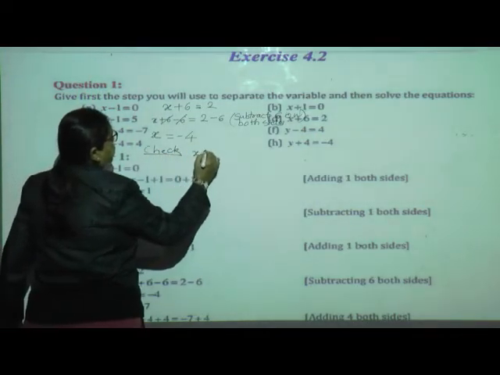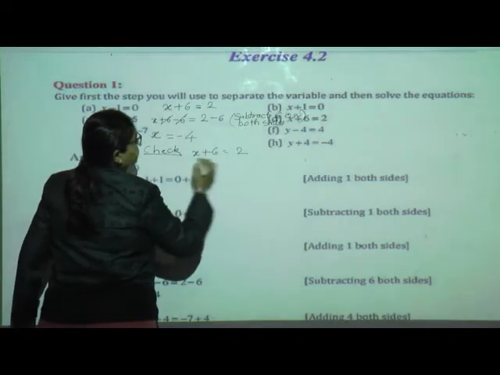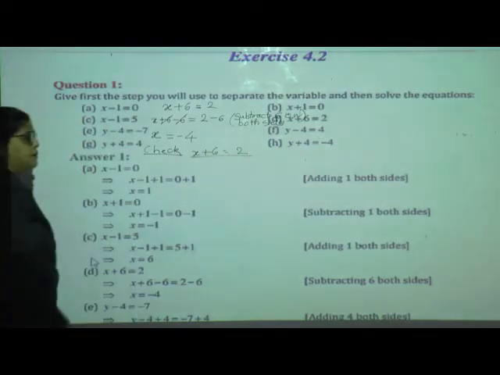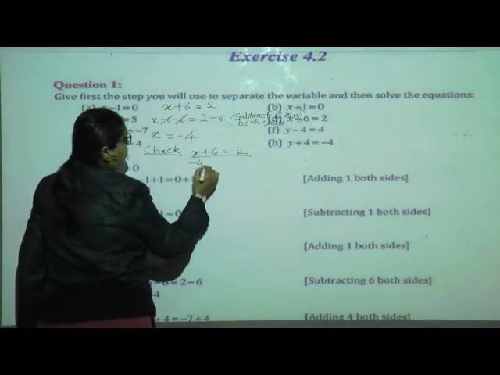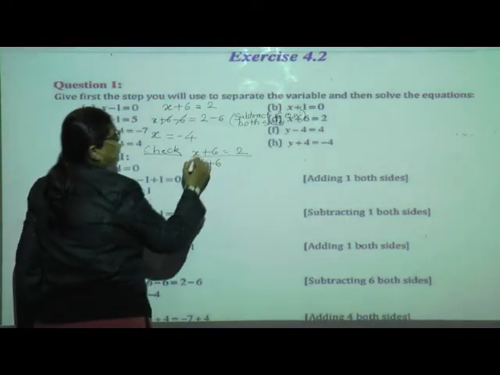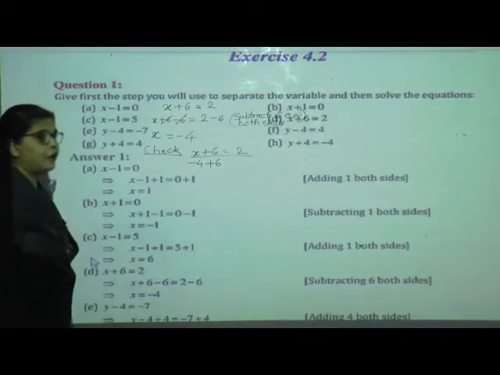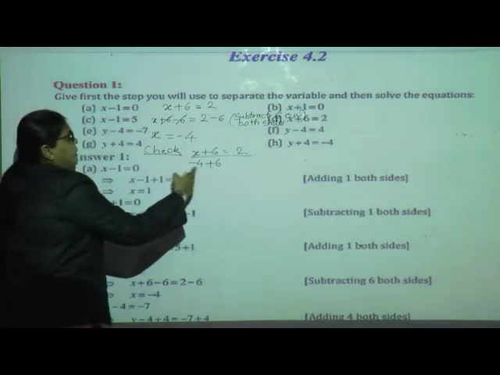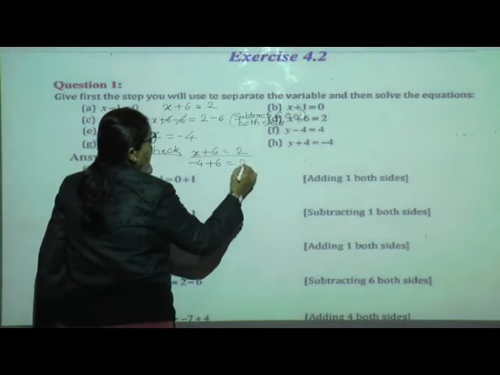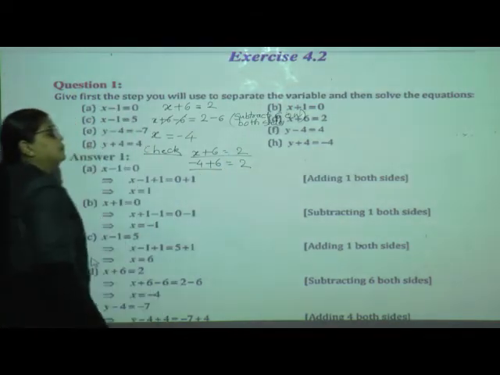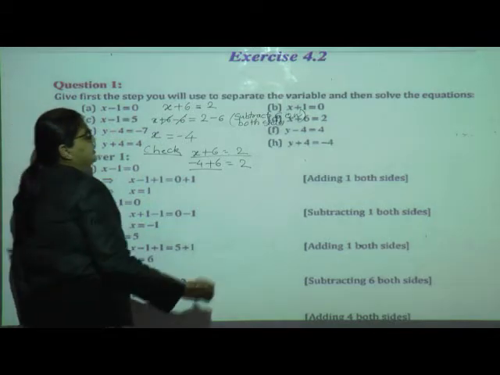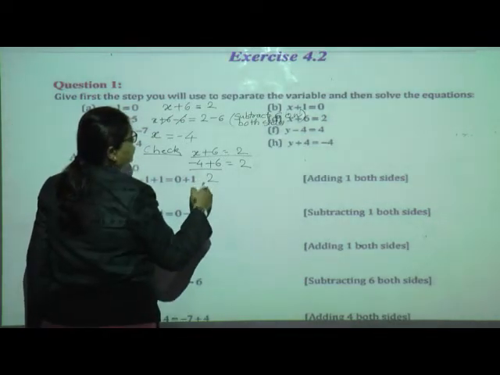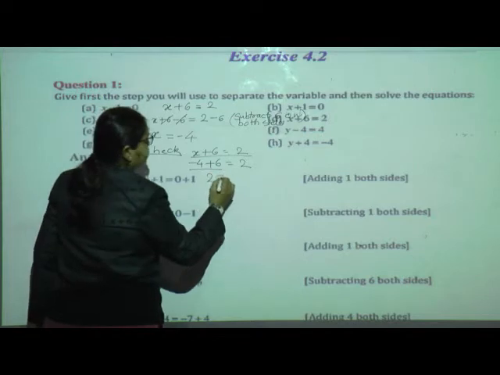The given equation is x plus 6 is equal to 2. So x is equal to minus 4. I write minus 4 plus 6, substituting the value of x in the place of x. Minus 4 plus 6 is equal to 2. The greater number is 6, which is plus, so the answer is 2.